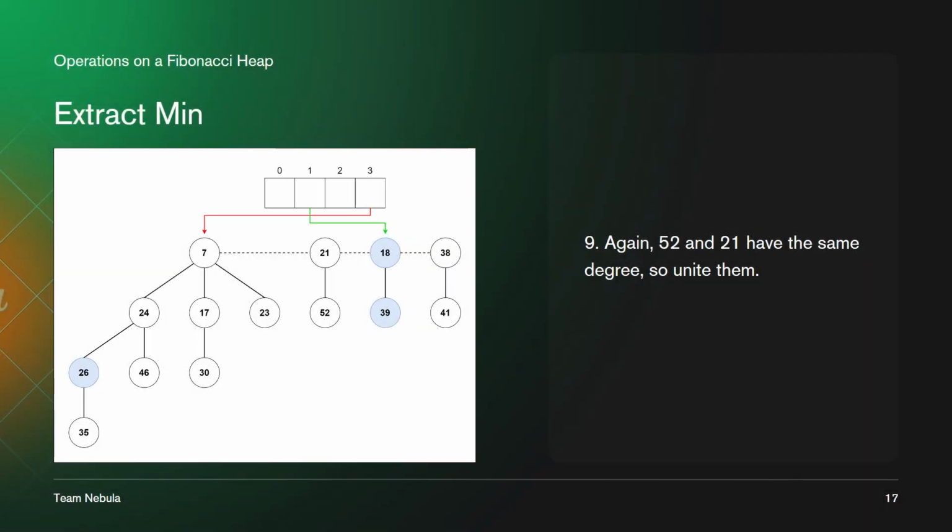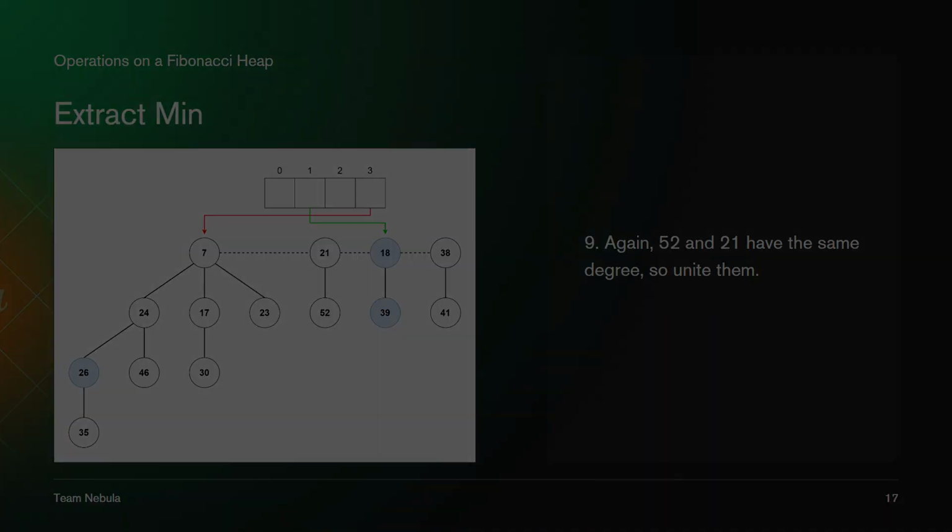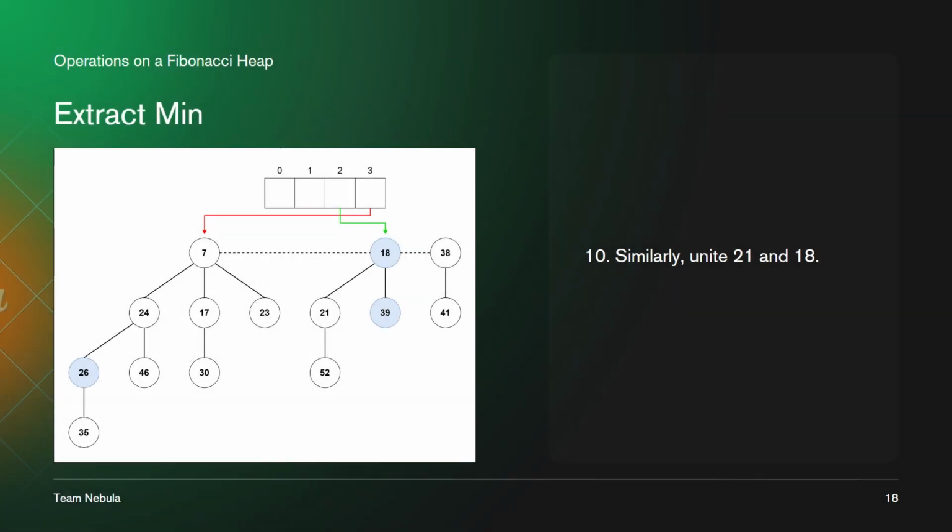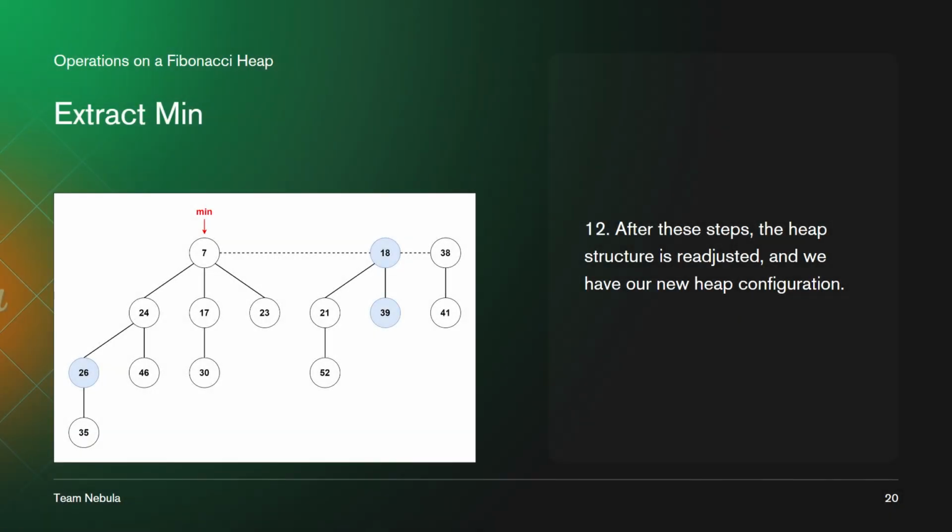Again, 52 and 21 have the same degree, so we unite them as well. Similarly as before, we unite 21 and 18. And next, we map the remaining root. After these steps, the heap structure is readjusted and we have our new heap configuration.